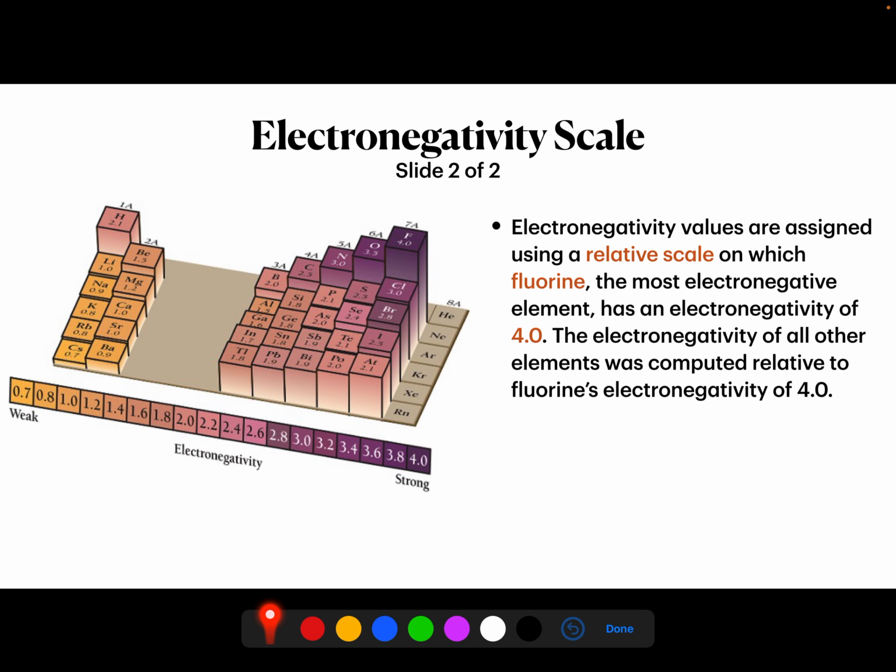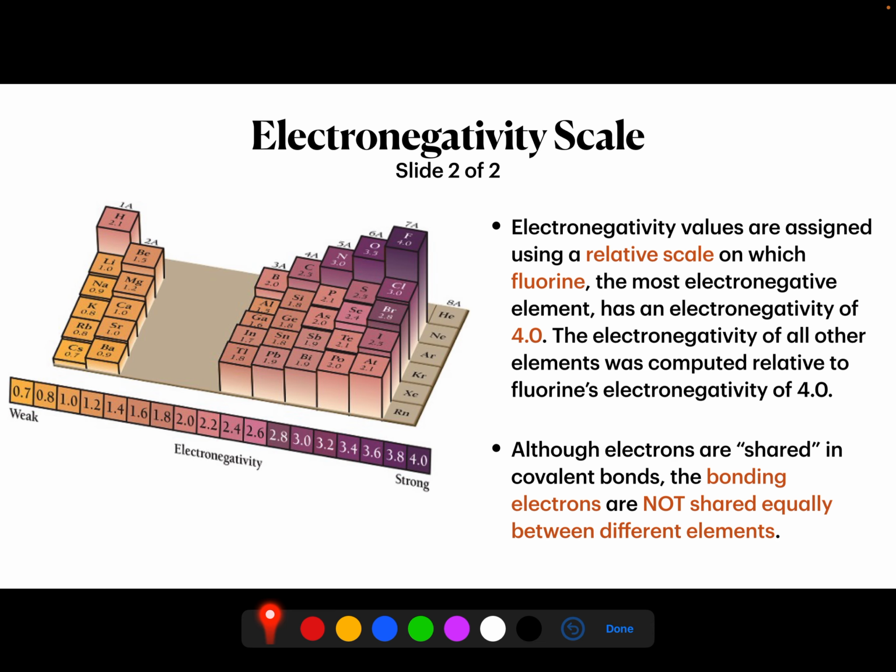Things with numbers closer to 4 are more electronegative, and things with numbers lower or farther away from 4 have less electronegativity. We can see that scale down here on this chart. Strong electronegativity is close to 4, and weak electronegativity is values of 0.7 or close to 0.7.